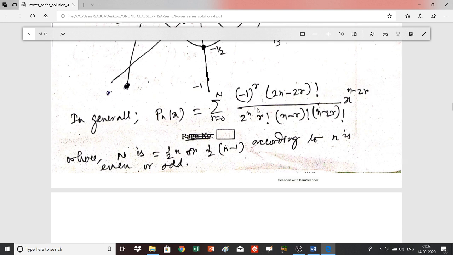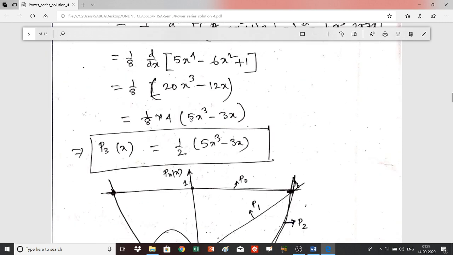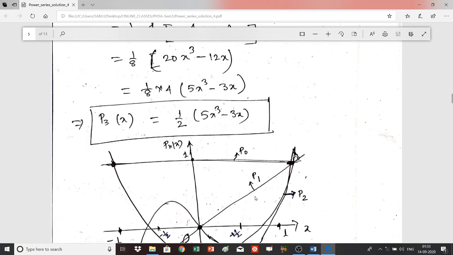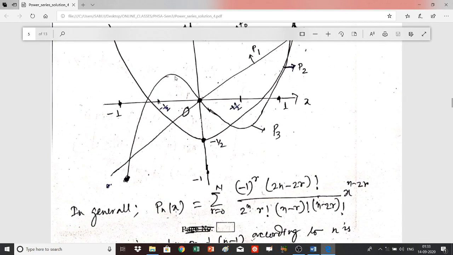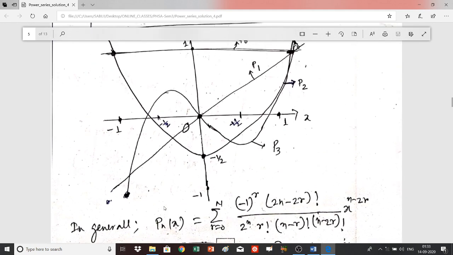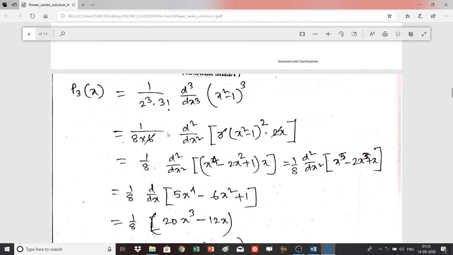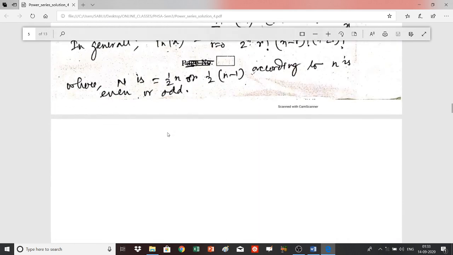You can use different values of r in this relation, and then you will get all the terms P0, P1, P2, P3 as calculated previously. They will match those calculated here and here. So you have to check it, and this is also your homework.